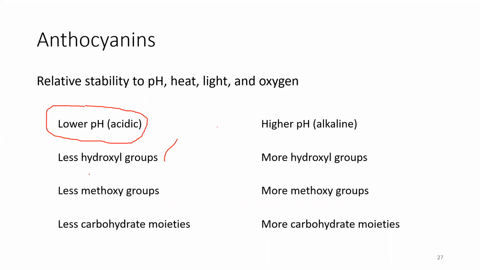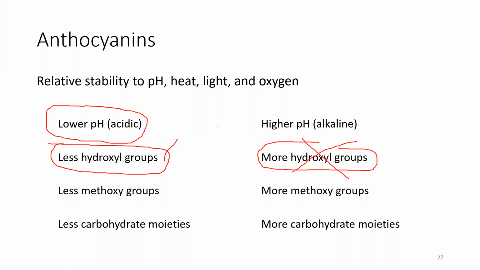Anyone want to guess? This is just a guess because we haven't talked about it yet. And you're right. So the more hydroxyl groups you have, actually, I'm sorry, the more you have, it's less stable. We're circling the more stable one. So fewer hydroxyl groups would be more stable.